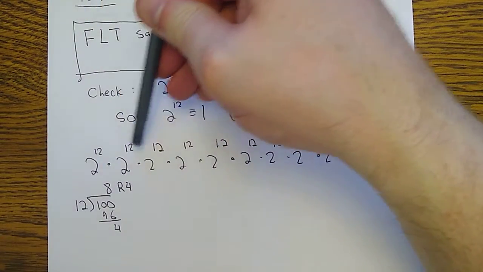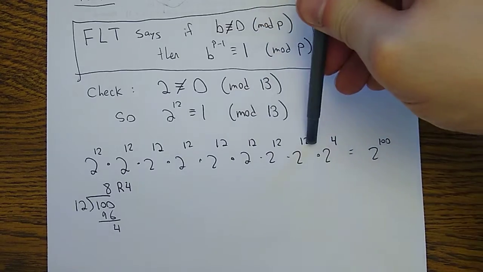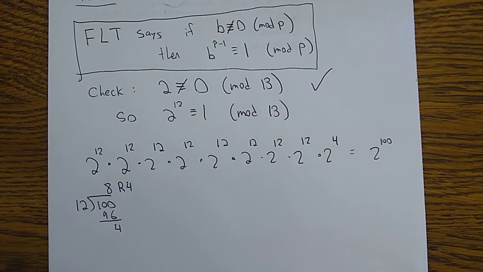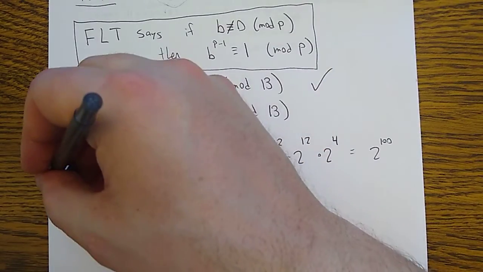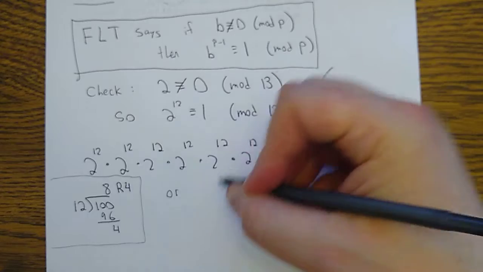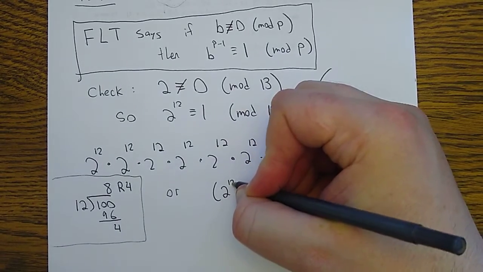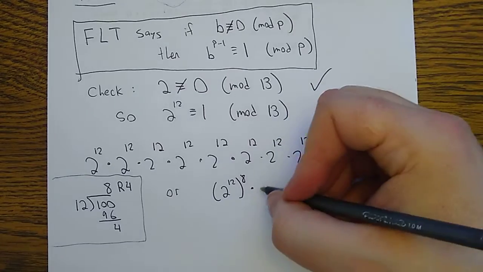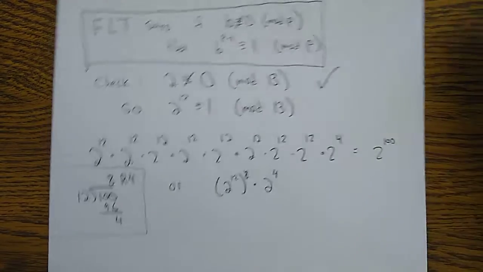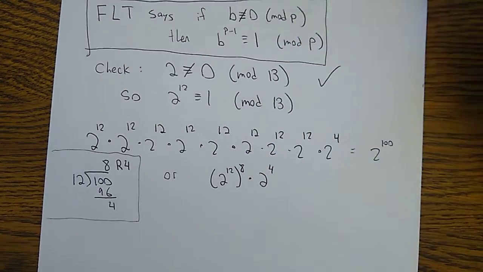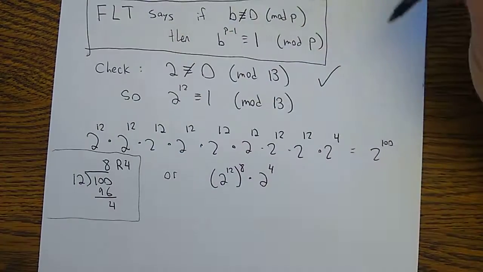That's why I had 8 of these, and then a 4 left over. Anyway, whichever way, let me make it clear what I'm doing. So this is 2 to the 12th to the 8th times 2 to the 4th, either way you do it.